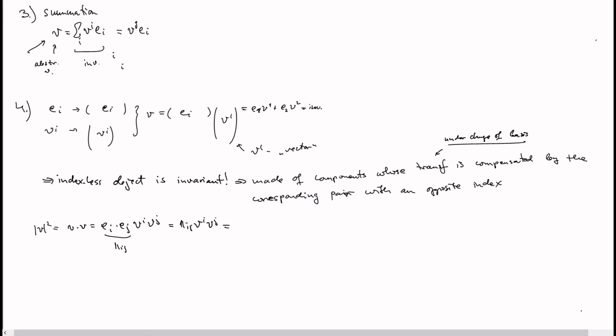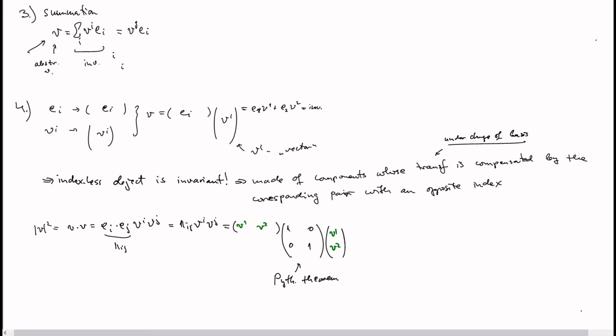And you can use this row and column matrix notation to represent this scalar product, and it's going to look like this: (V^1, V^2), matrix 1 0 0 1, (V^1, V^2), and this is just a rule that says that you calculate this distance using the Pythagorean theorem.